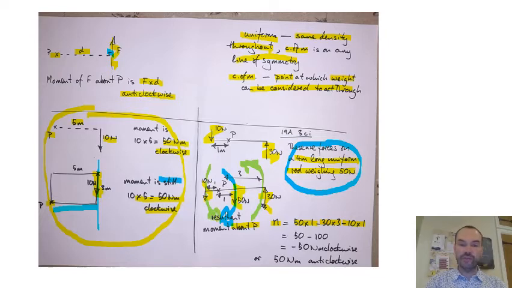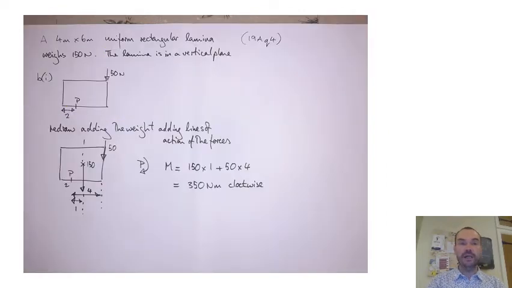If you stuck a pin here, it's about P, so they've got clockwise and anti-clockwise. That gives you an answer of minus 50 newton meters. Since I said that was clockwise, that's minus 50 newton meters clockwise, or 50 newton meters anti-clockwise.